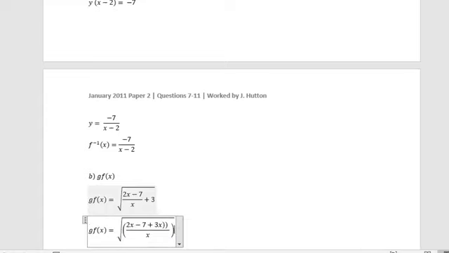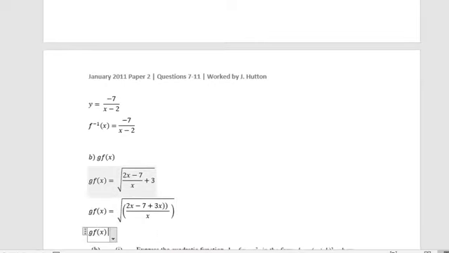Rewriting, g of f of x is equal to the square root of (2x plus 3x minus 7) divided by x.